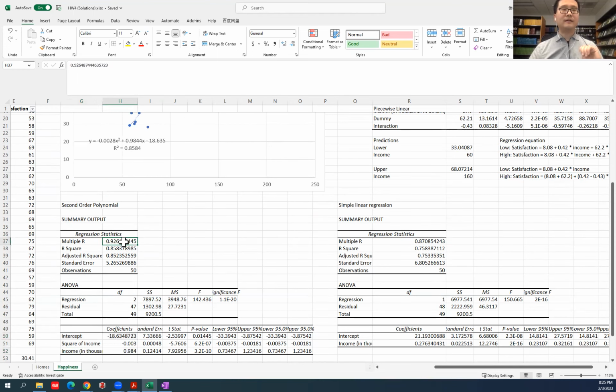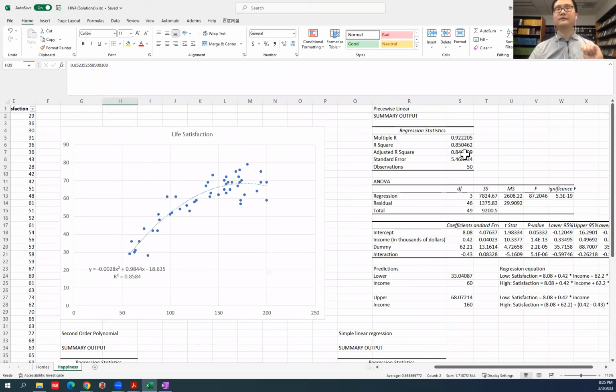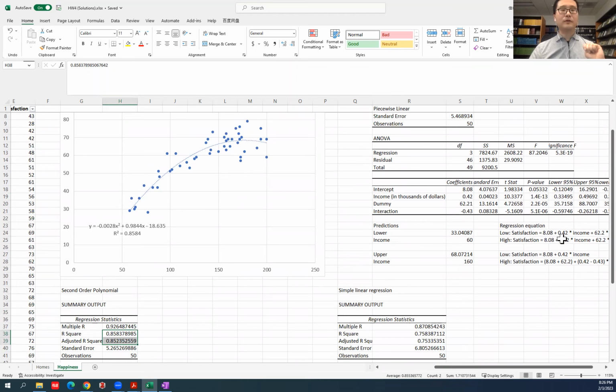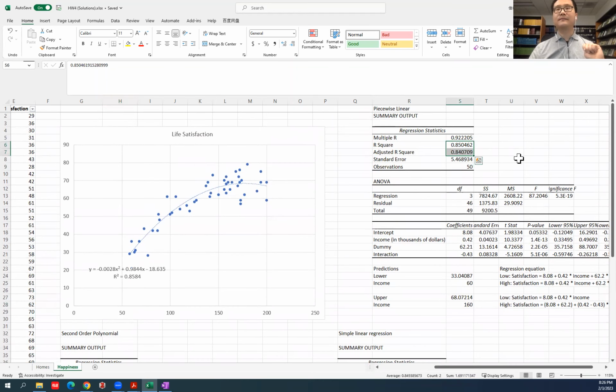However, if we compare how much this income squared differs from another model, that's where we use the dummy and interaction. Notice we do not have a squared term of income in this piecewise linear model, right? We find that they are somewhat comparable because the R squared and the adjusted R squared for both of these two models are about 0.085.